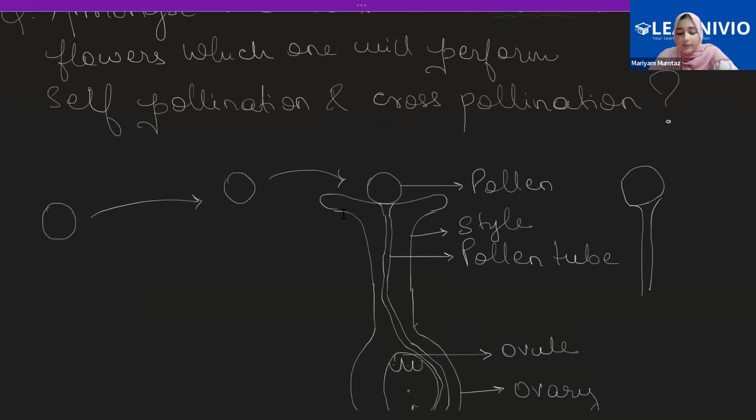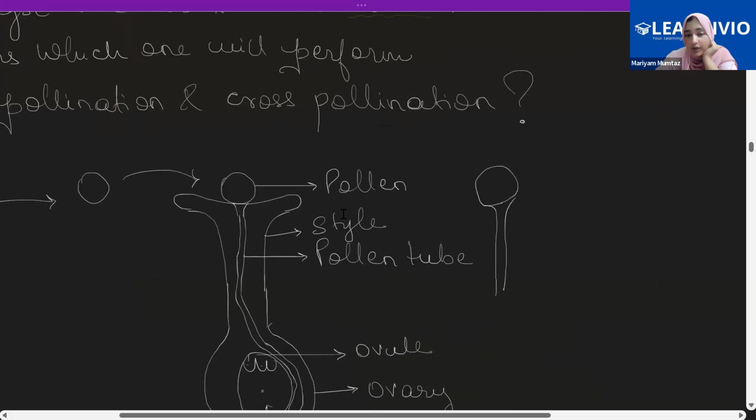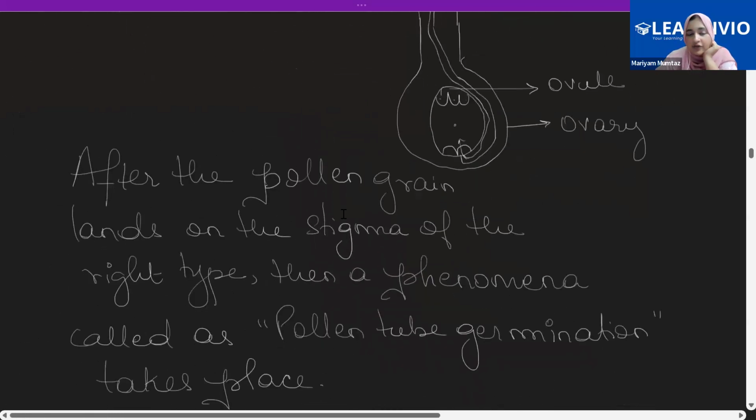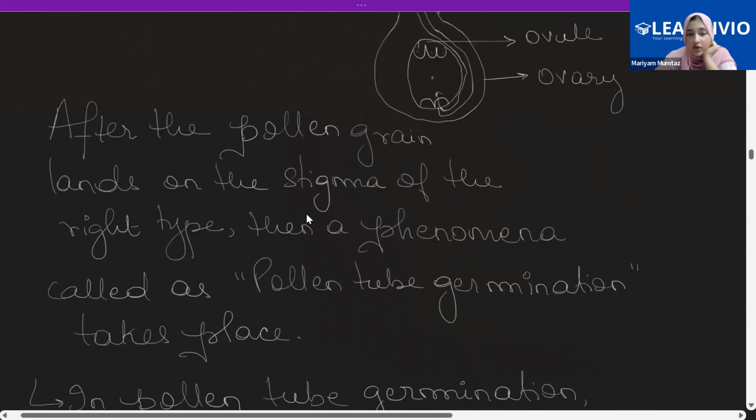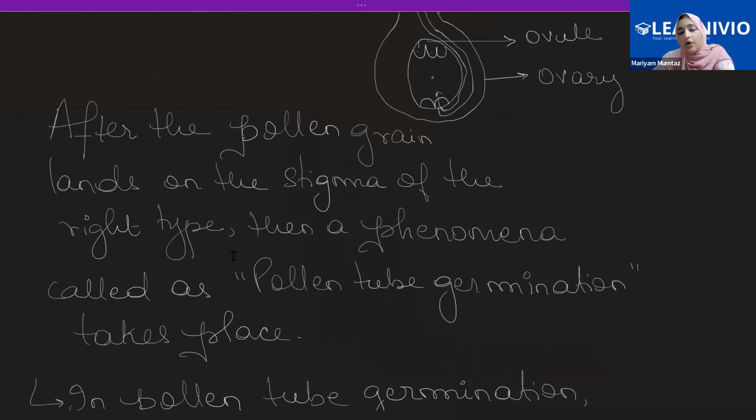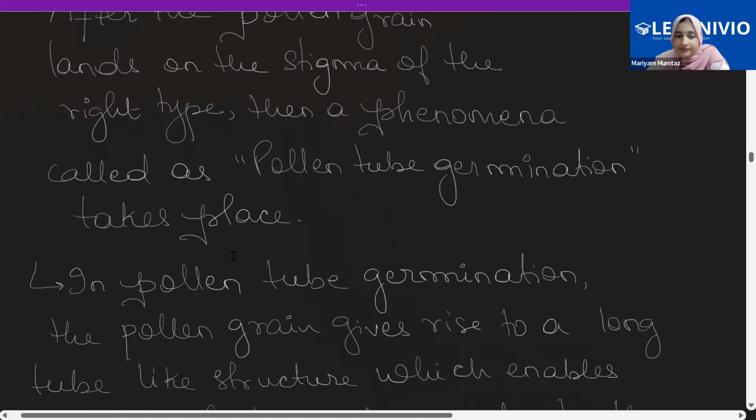So when pollination is finally completed and the pollen grains have landed on the stigma, pollen tube germination takes place, wherein the pollen grain grows a tube-like structure called a pollen tube. So after the pollen grain lands on the stigma of the right type, a phenomenon called pollen tube germination takes place.